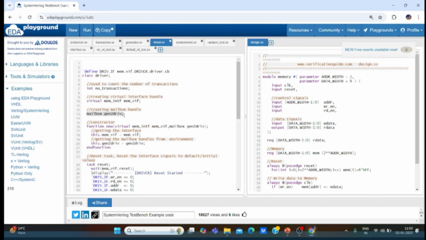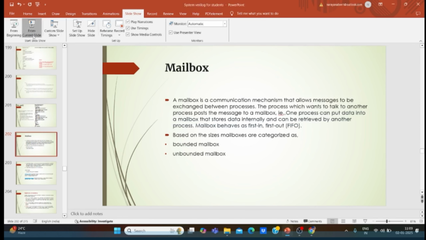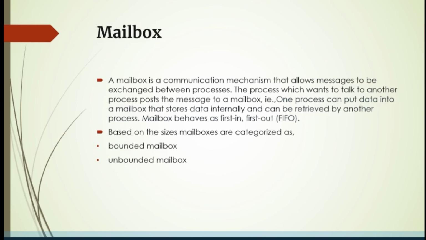So you will put some information in your generator and the driver will get it, and from the driver the monitor will take it. When you want to send information between components, you will use this mailbox concept. That is why, as I told you, mailbox is very important and also very easy to understand compared to the remaining concepts. Hope you got an idea of what a mailbox is.